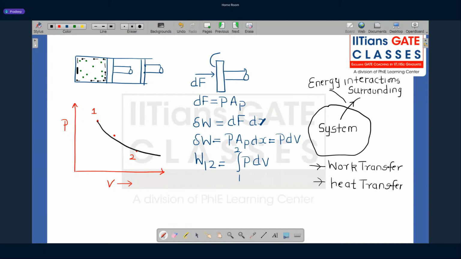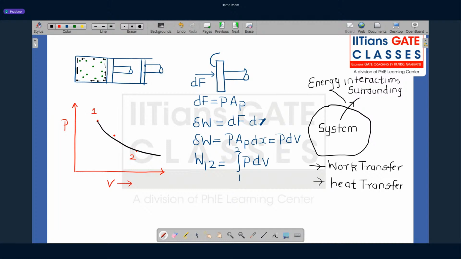The gas, which is our system, and the surrounding, which is everything external to the system, are interacting with each other in the form of work transfer. Gas is doing work on the surrounding.